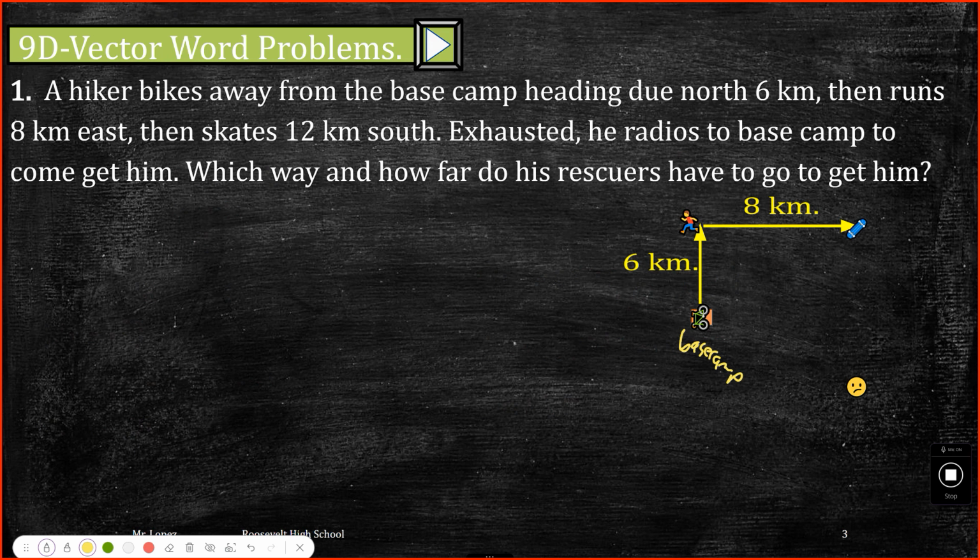He runs to the right 8 kilometers east. Then he skates 12 kilometers south. Exhausted, he radios to base camp to come get him. Which way and how far do his rescuers have to go to get him?